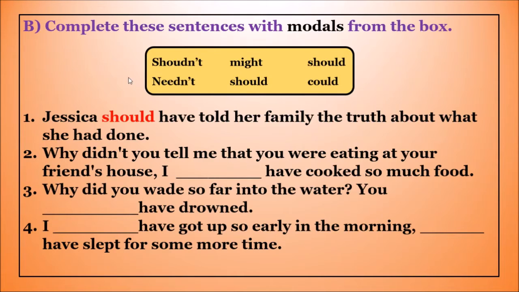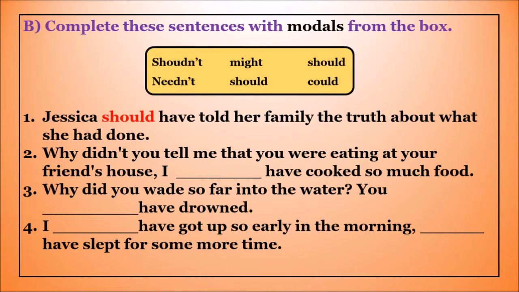And here it is Roman B. Roman A we have already done. In Roman B, there are nearly 10 questions. I am going to teach you the first 4 and the remaining you have to answer.